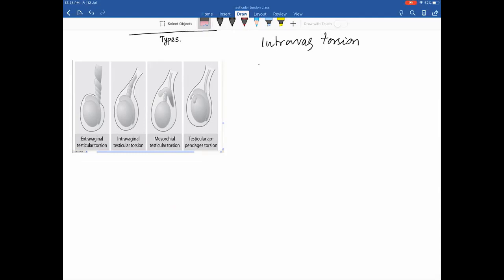The investigation of choice, as I've said, is an ultrasound of the scrotum with a Doppler, which must be done to rule out testicular torsion.